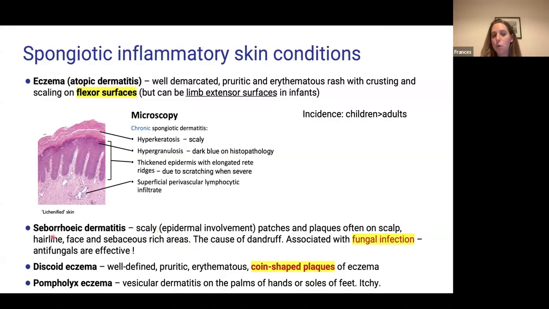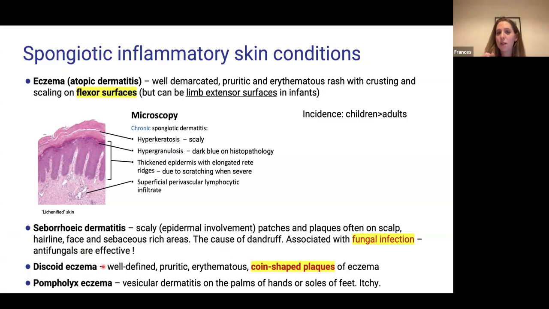This is actually what is causing dandruff, and it's associated with a fungal infection. So that means that your antifungal shampoos and things like that are effective treatments for this. So this is basically just affecting those sebaceous areas. So if you find it in those places, then you're going to be thinking more seborrheic dermatitis as opposed to something like eczema.